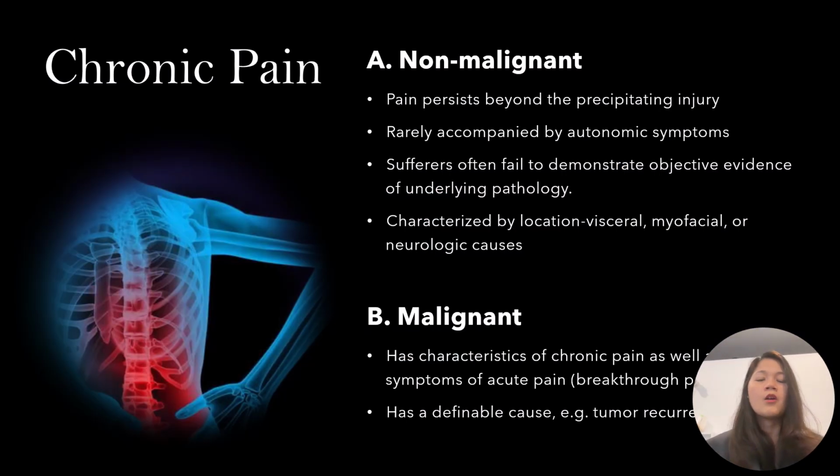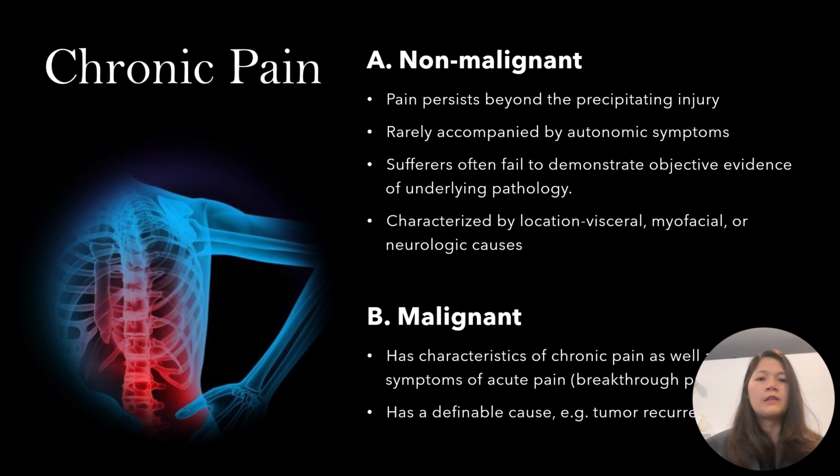Then we have here chronic pain. So chronic pain has two categories. We have non-malignant and malignant. So first, the non-malignant. Pain persists beyond precipitating injury, rarely accompanied by autonomic symptoms.